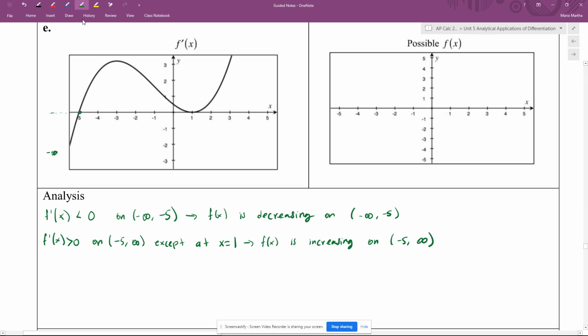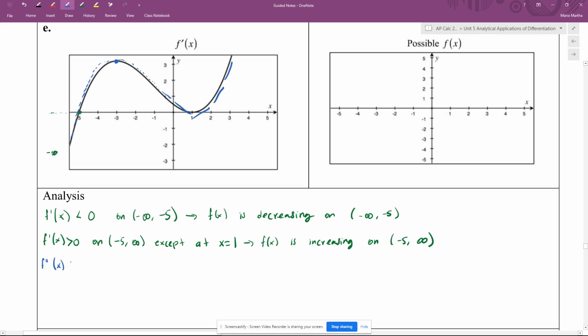So now we're going to start looking at the second derivative. And remember, that's just the slopes of the lines here, right? So if you draw a bunch of tangent slopes, that's pretty much the behavior of f double prime of x. First of all, if you notice, f double prime of x is increasing from negative infinity all the way up to negative 3.